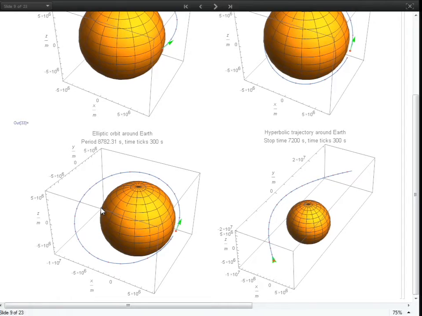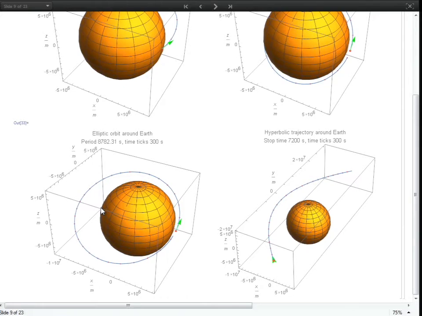And finally, if you have an initial velocity vector exceeding the escape velocity at the corresponding point in your field, then you get a hyperbolic trajectory. So basically you start here and fly on an escape path around the Earth. The calculations are done within a very short time.